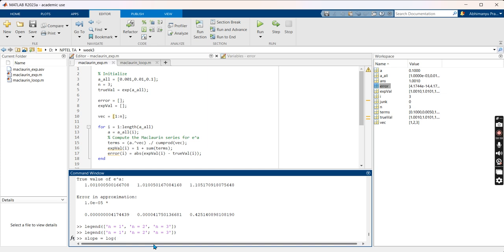So log of error minus log of error 1, divided by log of, so my first value is a, this is the n, minus log of a, all on the first one.